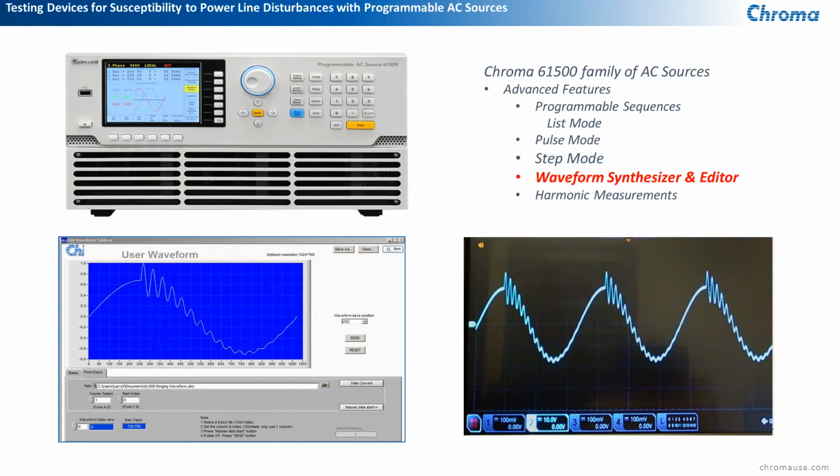It's very easy to do in Excel. Again, you can store these waveforms and recall them at any time. And here's the waveform we created. You can see what it did when we output it to the output of the unit. And again, this can be done on single phase or 3-phase as well, just by selecting the user waveform for any one of the 3 phases or all the 3 phases.